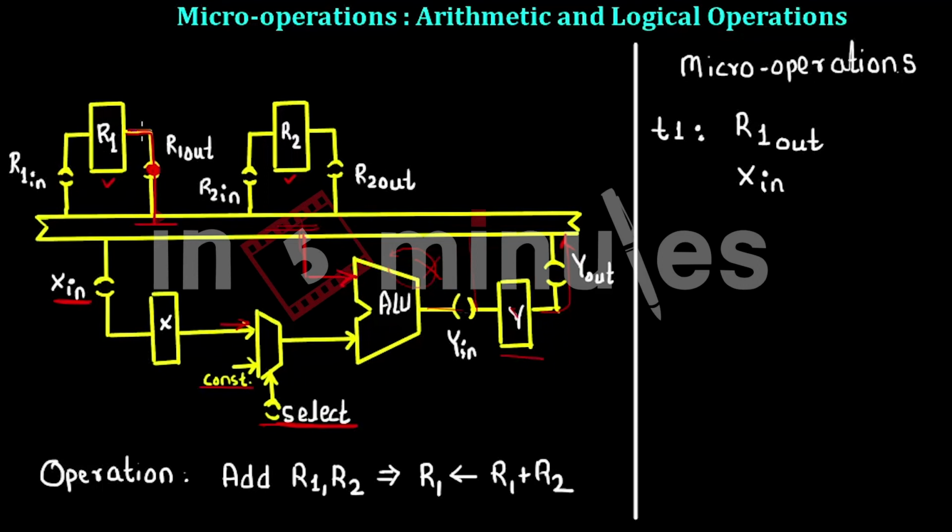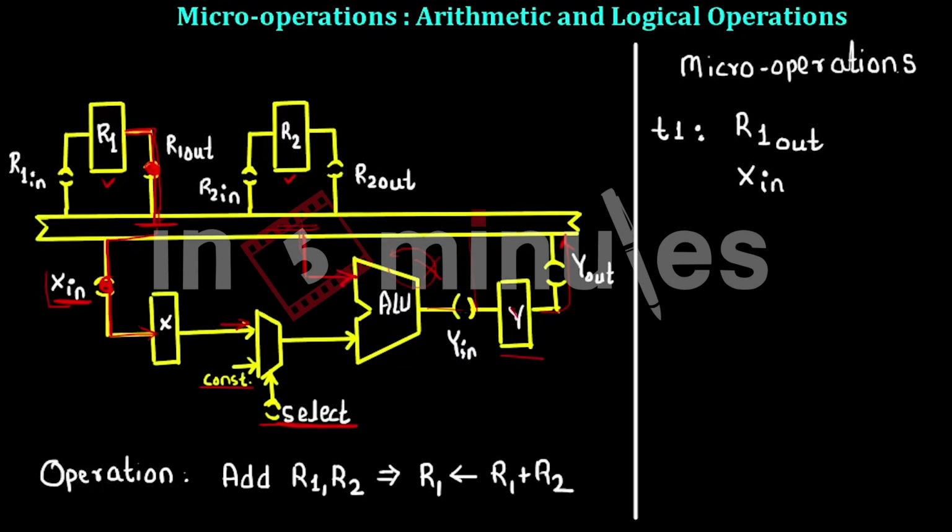First of all, R1 out is set so that the data from the R1 register comes down to the CPU bus. At the same time, the X in control signal is also active. So this data on the CPU bus, that is the R1 content, comes to the X register. So we have set our first operand for the ALU.